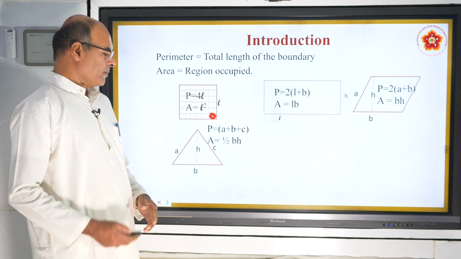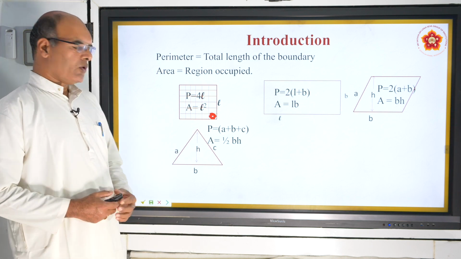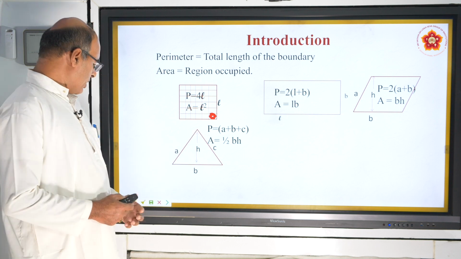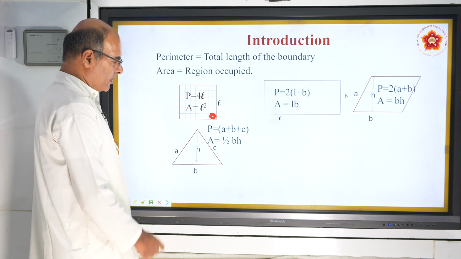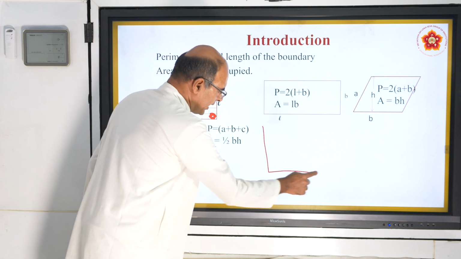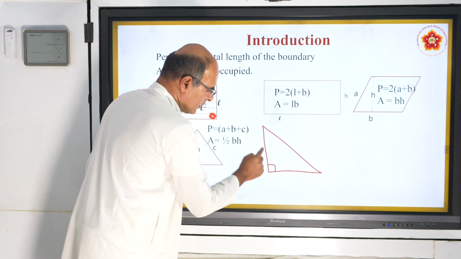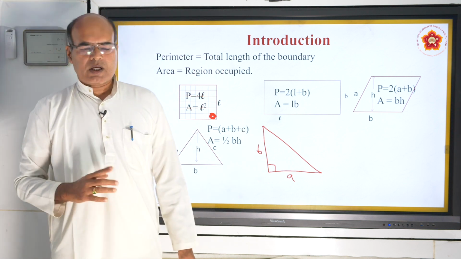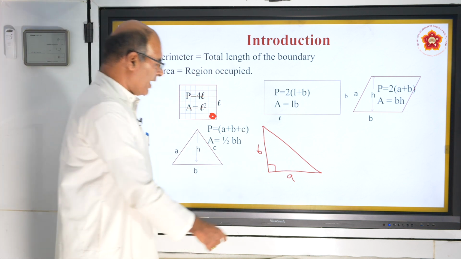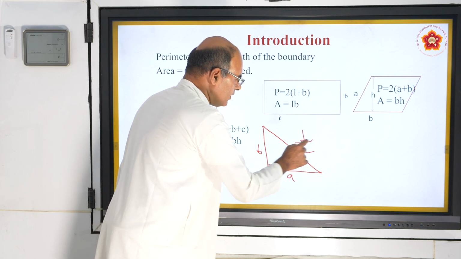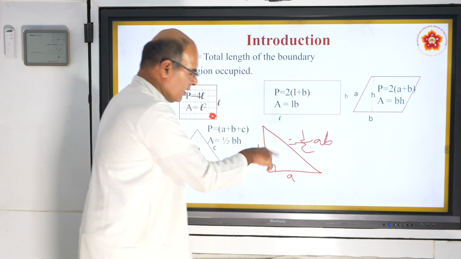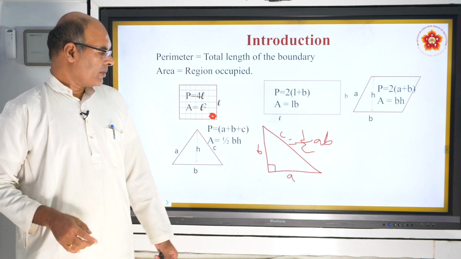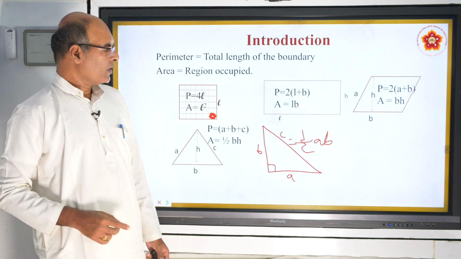For the triangle, area is half into B into H, half into base into height, and perimeter means sum of all the sides. If the triangle is a right angle triangle, then the sides other than hypotenuse become the base and height. Therefore its area is half AB, and you know that perimeter is A plus B plus C units.